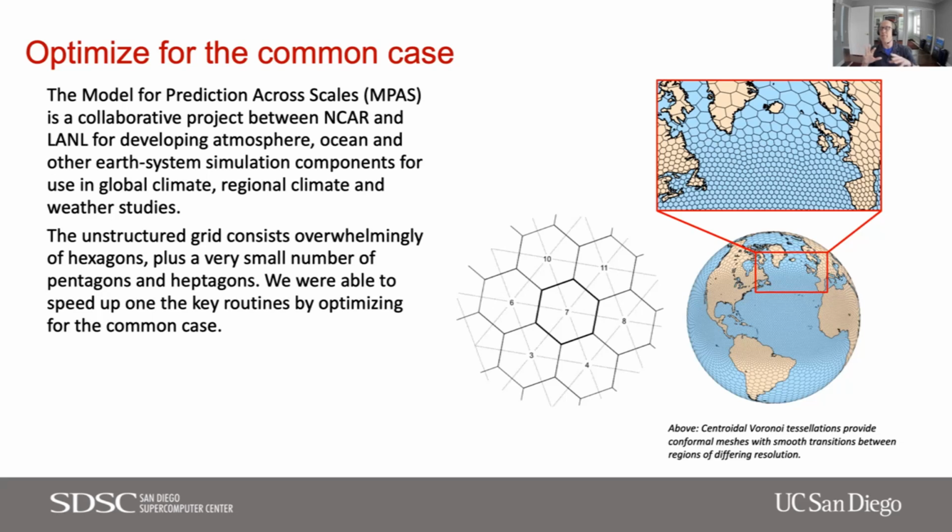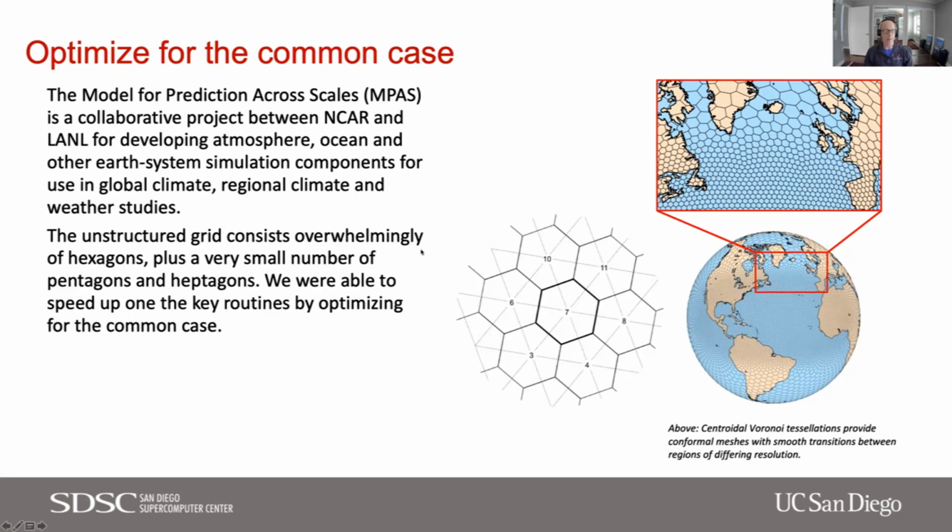You can prove mathematically that you can't entirely cover a sphere with hexagons. I believe you'll need at least 12 pentagons in there. But in this case, out of the many, many thousands of grid cells, the vast majority, 99.99%, were hexagons.